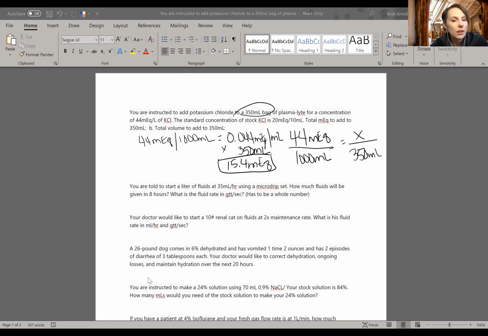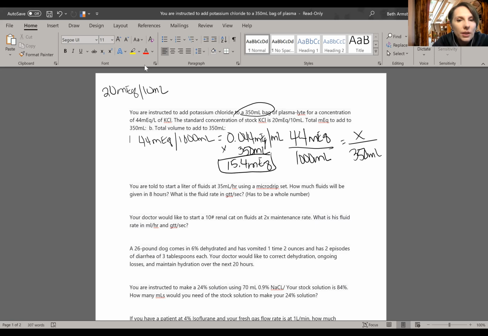Exactly. All right, so the concentration of KCl. They do this sometimes on the bottle of KCl, which drives me nuts, if anyone's ever looked at the KCl concentration. So that's why I put it in there. So they do 20 milliequivalents per 10 mLs, okay?